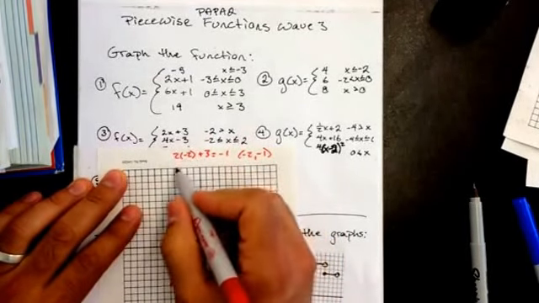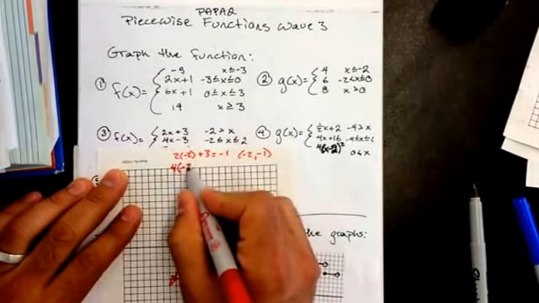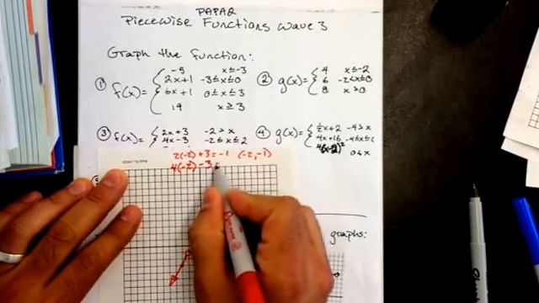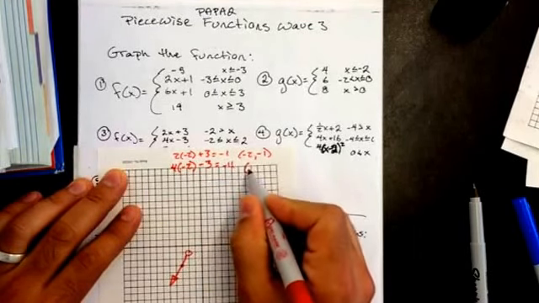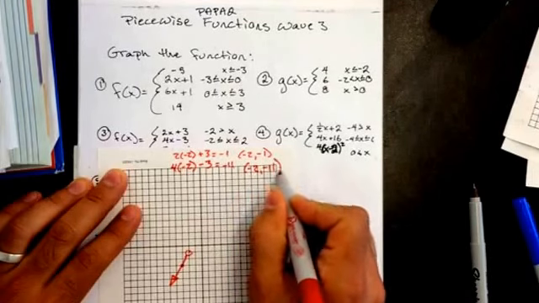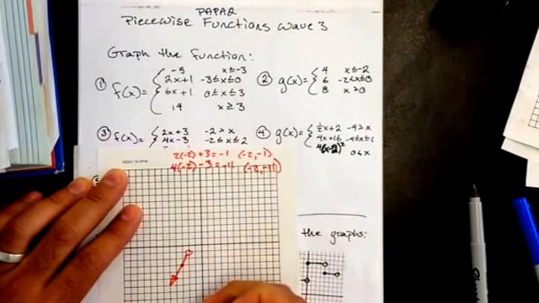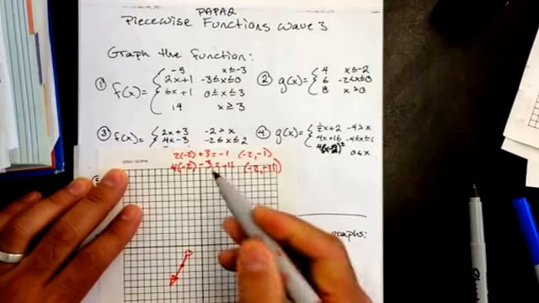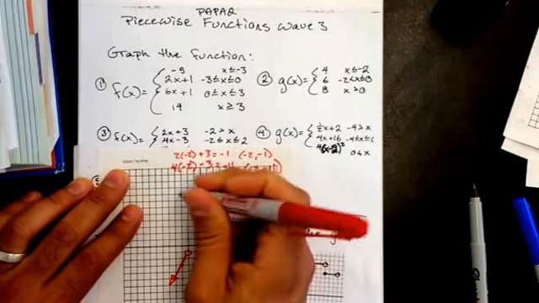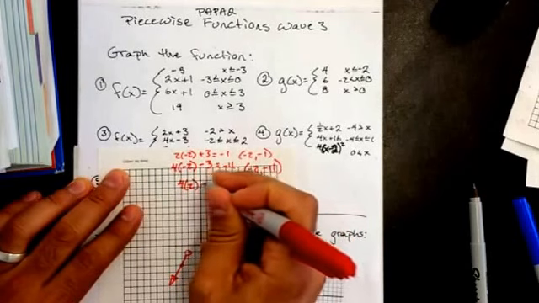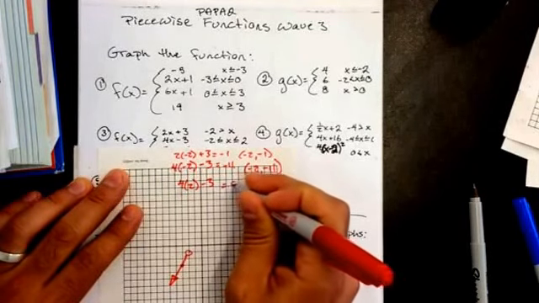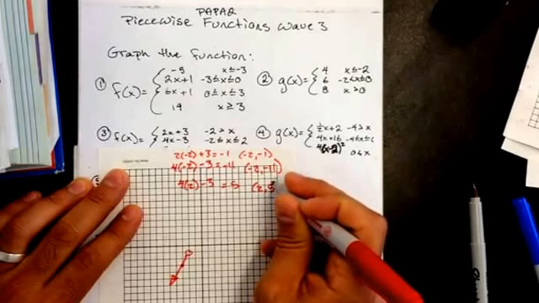At -2, it's going to switch to this rule. So I'm going to plug in -2. Gives me -11. So -2, -11, and that one is included. And it ends at 2, so I'm going to plug that in. It's 5, so 2, 5.